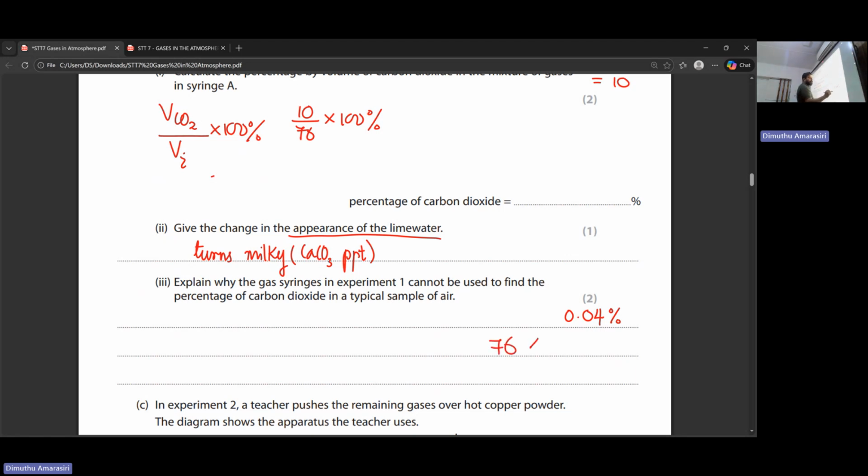What is the volume of 0.04 percent of 76? The volume is 0.0304 cm³.